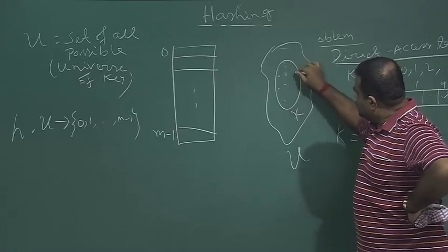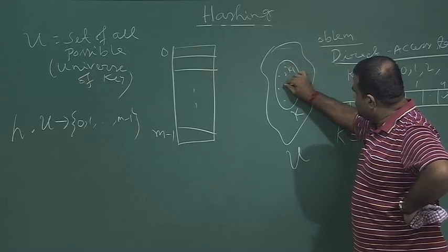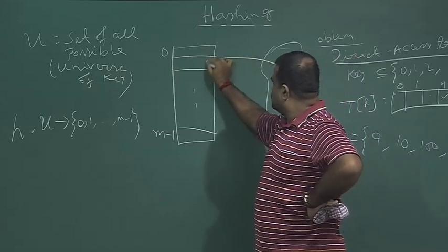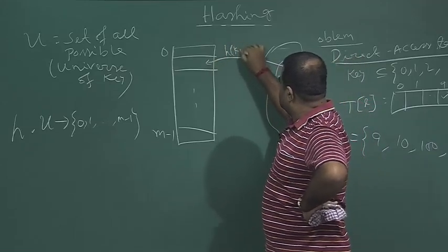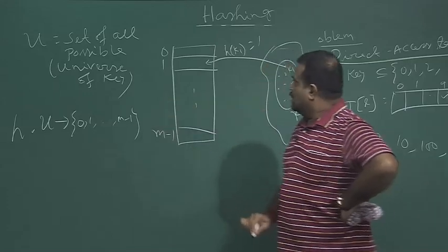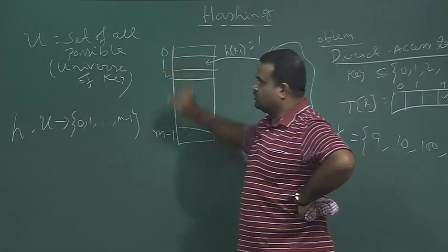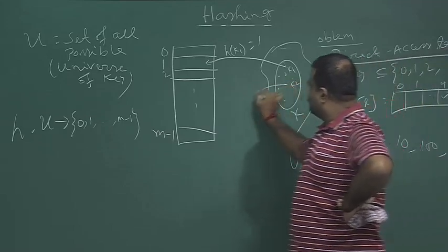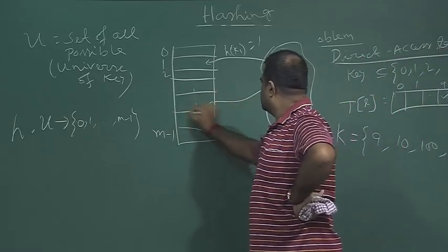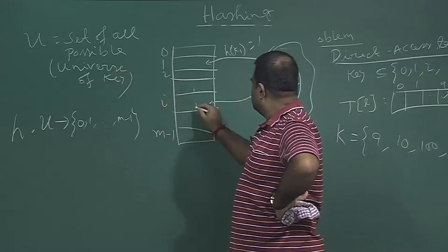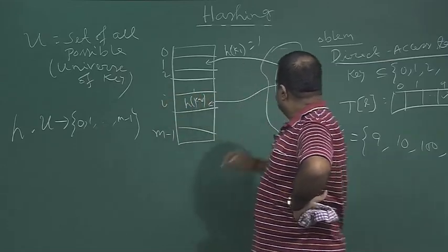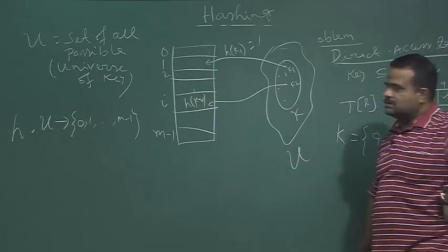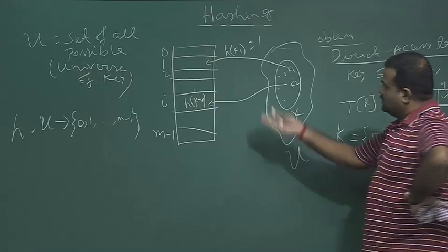Suppose there are n keys, k1, k2, like this, and we apply the hash function on them. Suppose h of k1 is, say, 1, and h of k2 is some value i, so different keys are mapping to slots in the table.